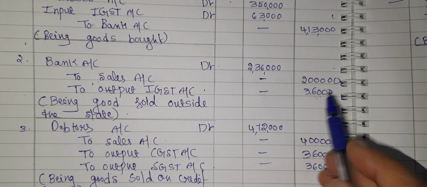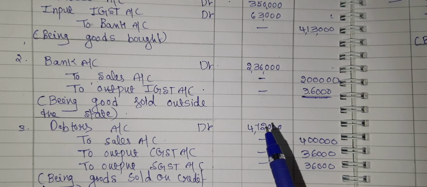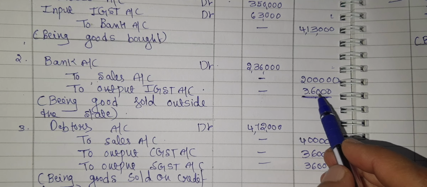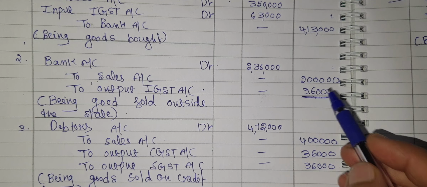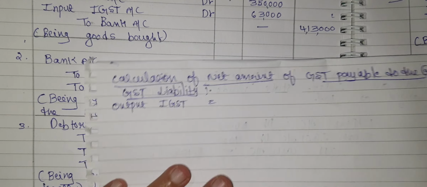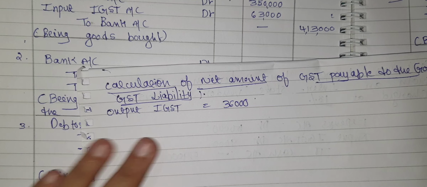But this IGST amount of rupees 36,000 does not belong to the business. So the business has to pay rupees 36,000 to the government.